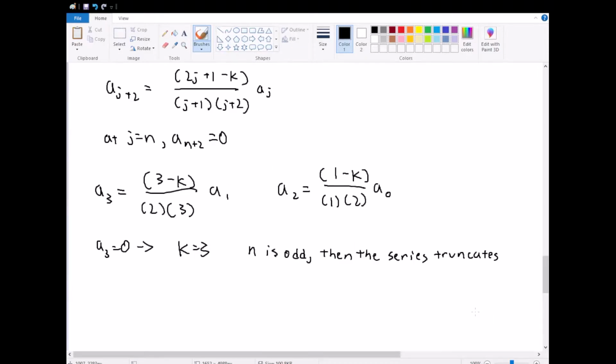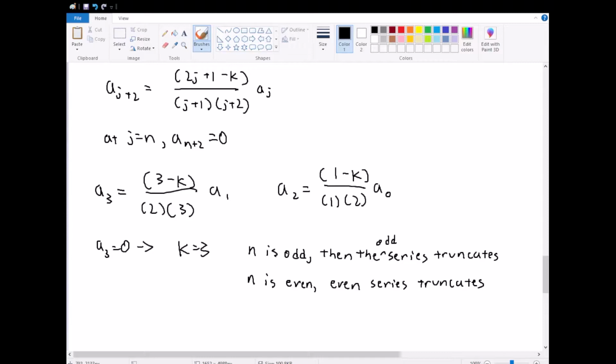And if n is even, then the even series truncates. I forgot to write that.